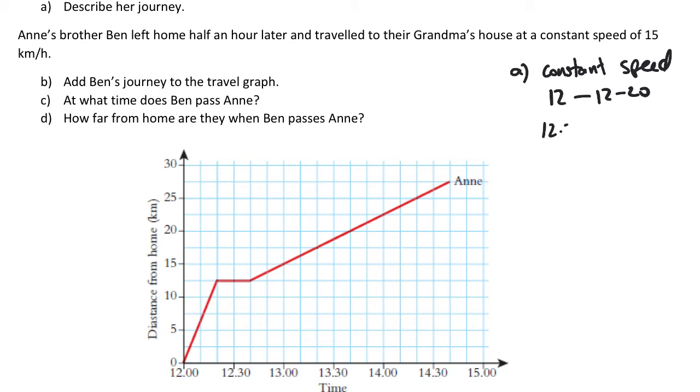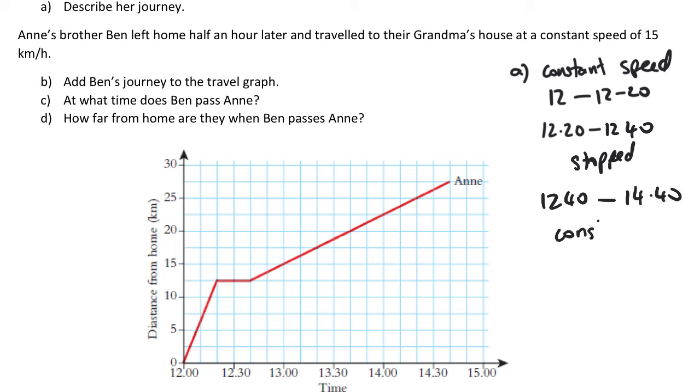Then from 12:20 to 12:40, she stopped. And then from 12:40 to 14:40, she's travelling with a constant slower speed than the original part of the journey.